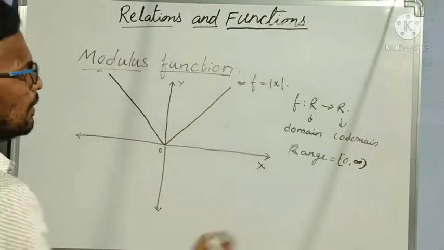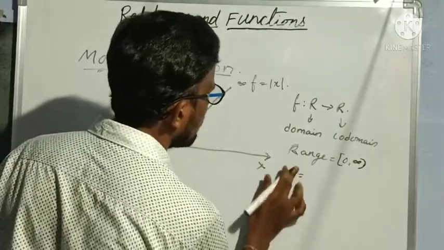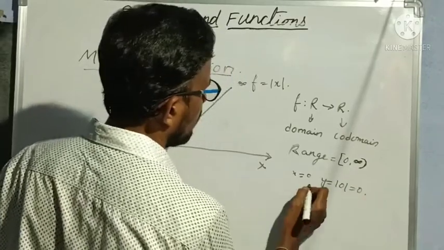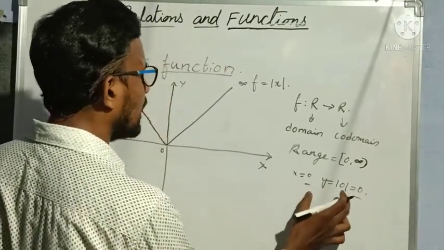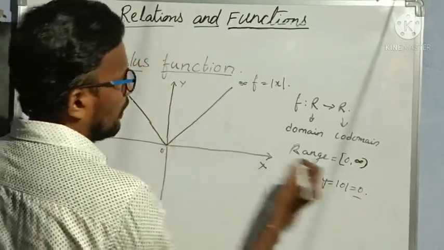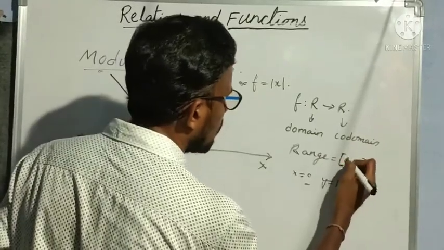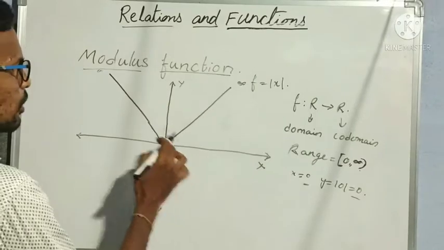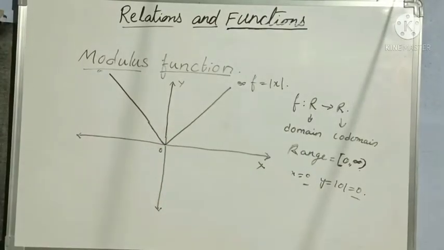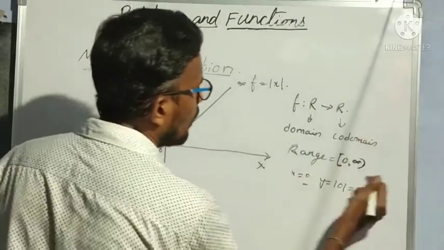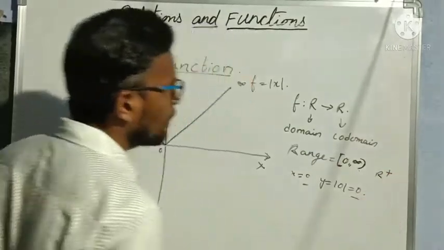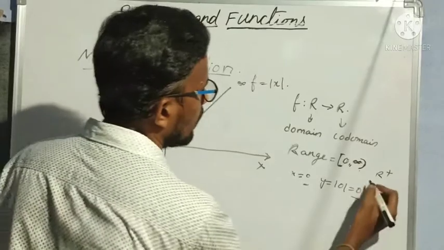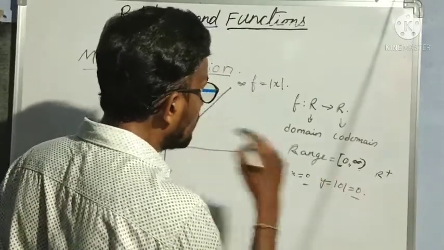Why? Because when x is equal to 0, then y is equal to mod of 0, which is also 0. So this value also we are getting. That's why in the range we should take 0 as closed and infinity as open, meaning we should consider 0 also here. Is range equal to R plus here, or just 0 to infinity only?